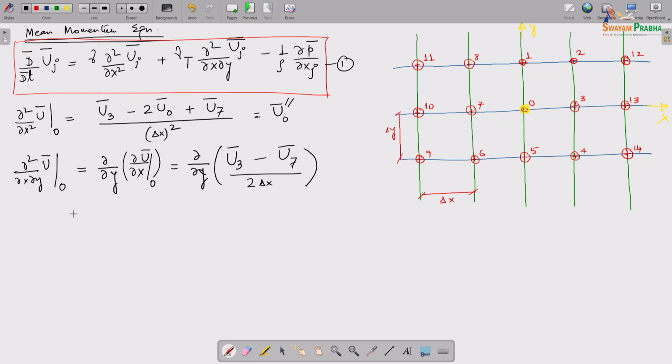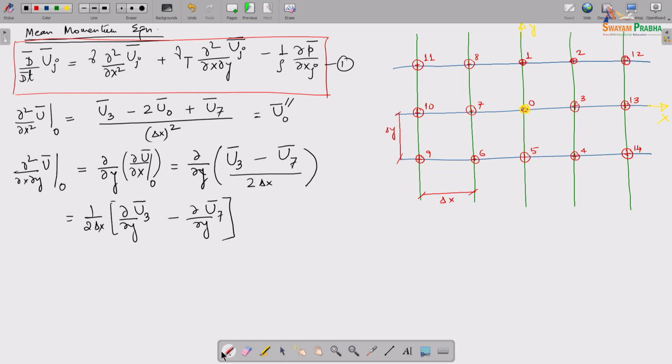Then I can write 1 by 2 delta x into del y of u3 minus del y of u7. So this means the first order derivative of the function value at 3, and the first order derivative of the function value at 7.